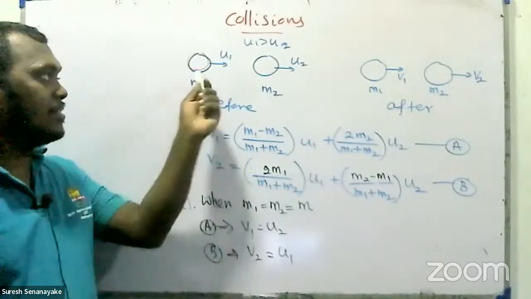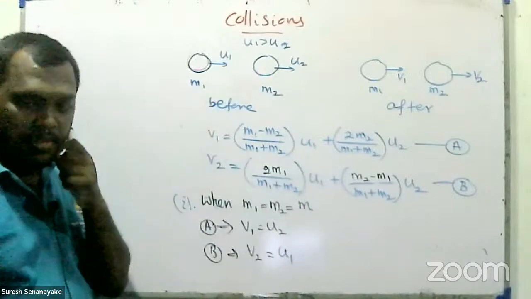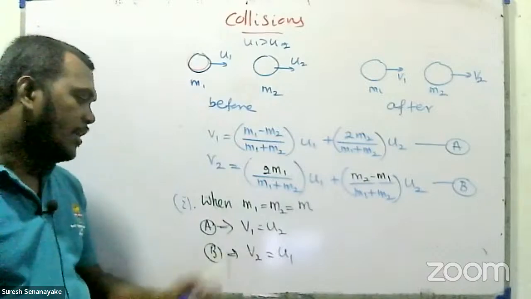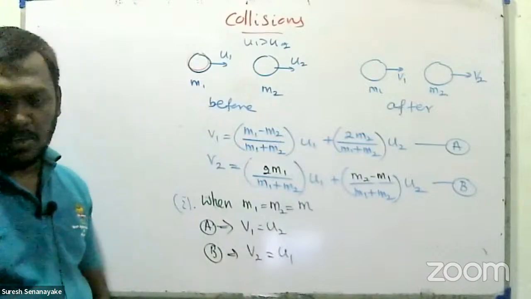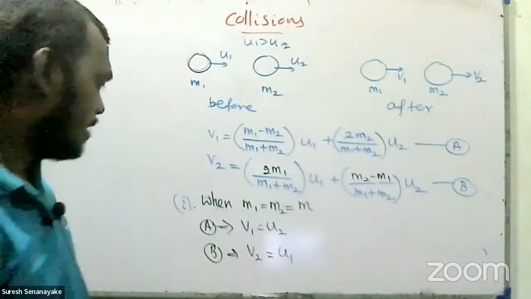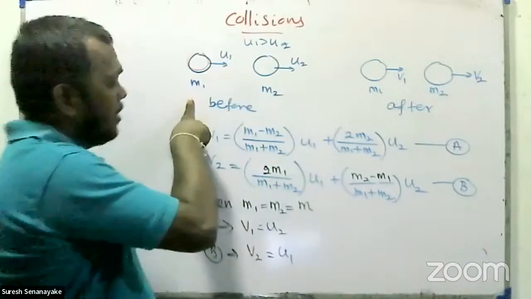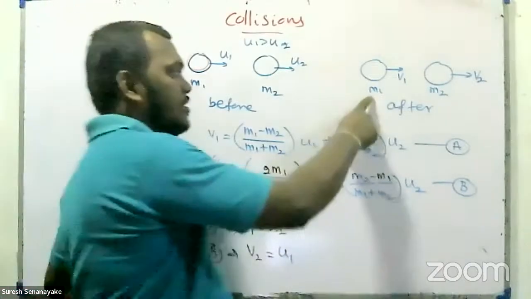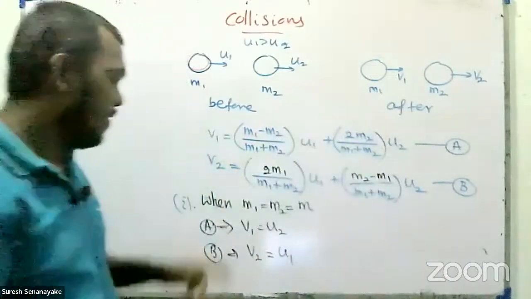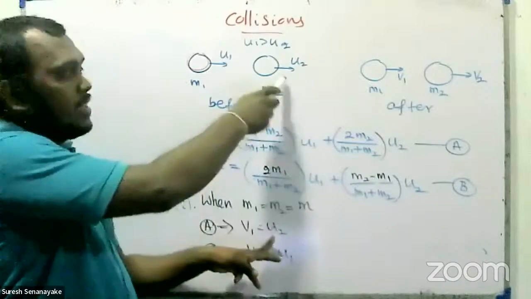If two equal masses collide with each other, you need to keep in mind what happened. This result shows that the m1 mass has velocity v1 after the collision, and the v1 becomes the velocity of the second.